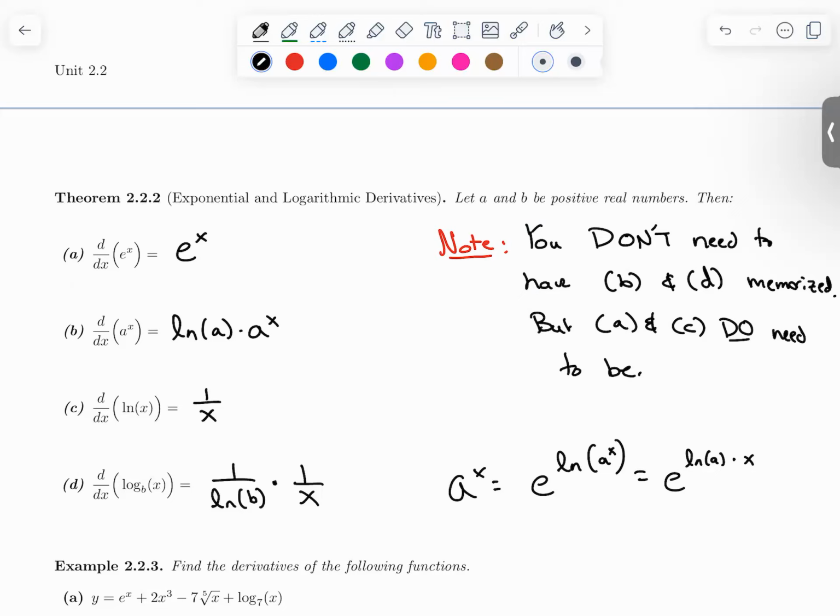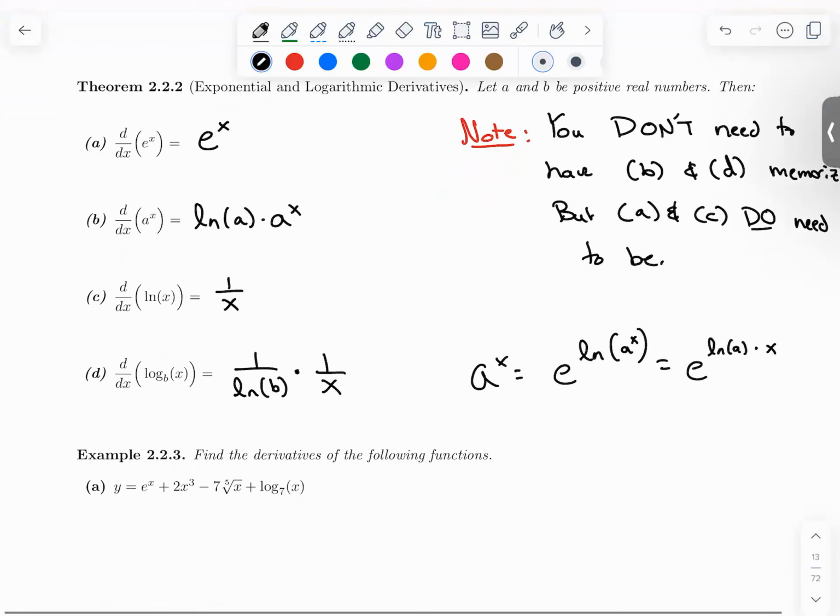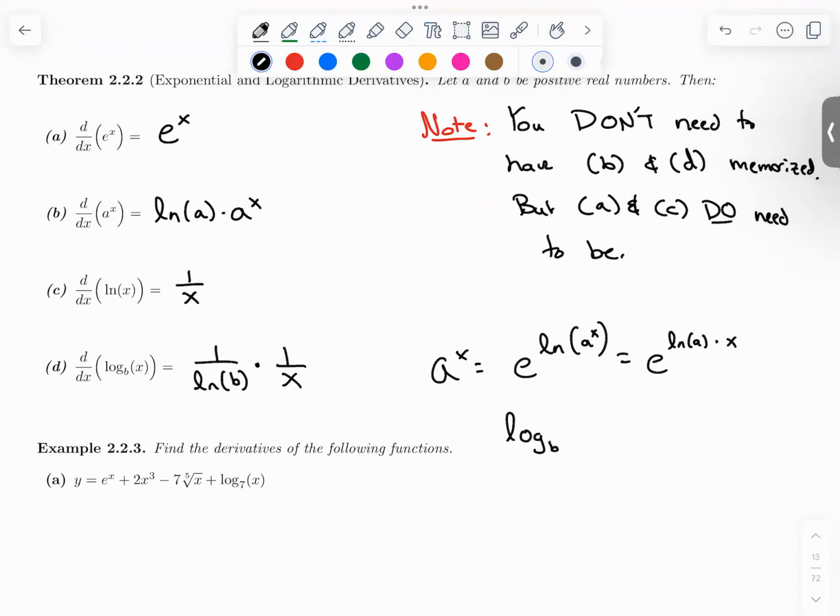But this is why I don't like memorizing that fact, because every single exponential function can be rewritten with a new base of e. And same thing, log base b of x is, by the change of base theorem, natural log of x over natural log of b. And that's actually why the derivative of D is 1 over ln of b times 1 over x. Just a fun fact. Getting to bust out that change of base theorem, right? Super cool.